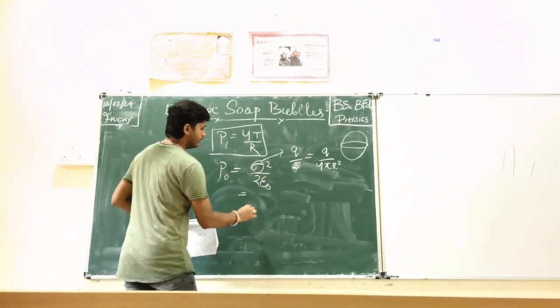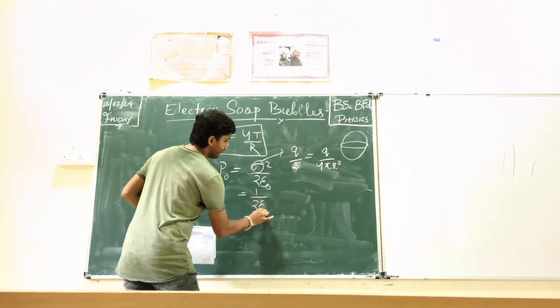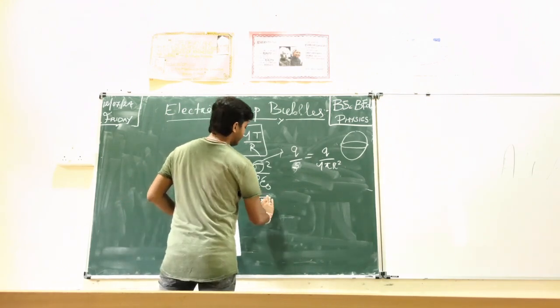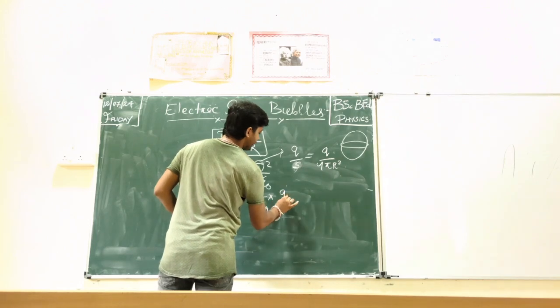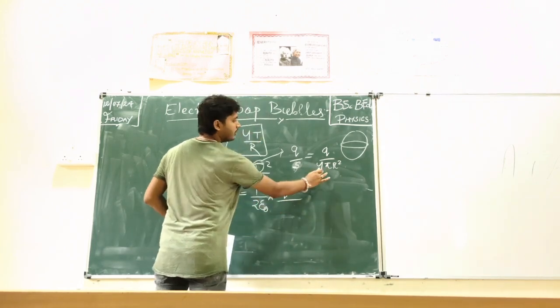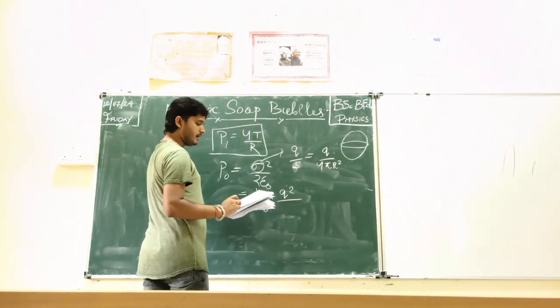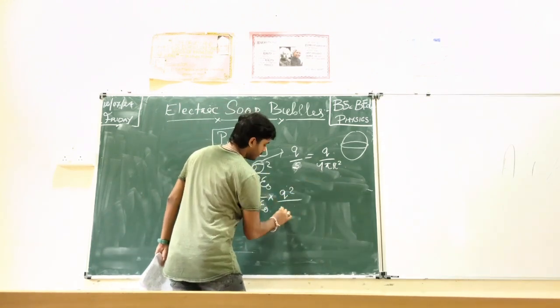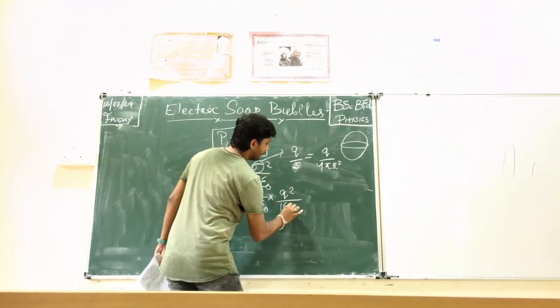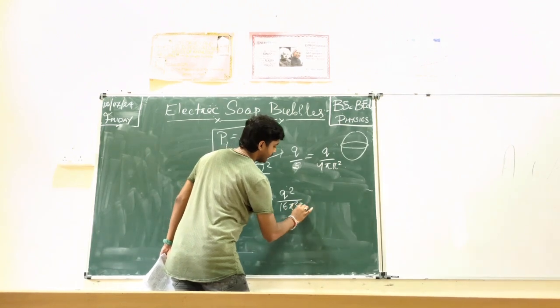So here sigma, 1 by 2 epsilon. Then the value of sigma, Q square by 16 pi square R4.